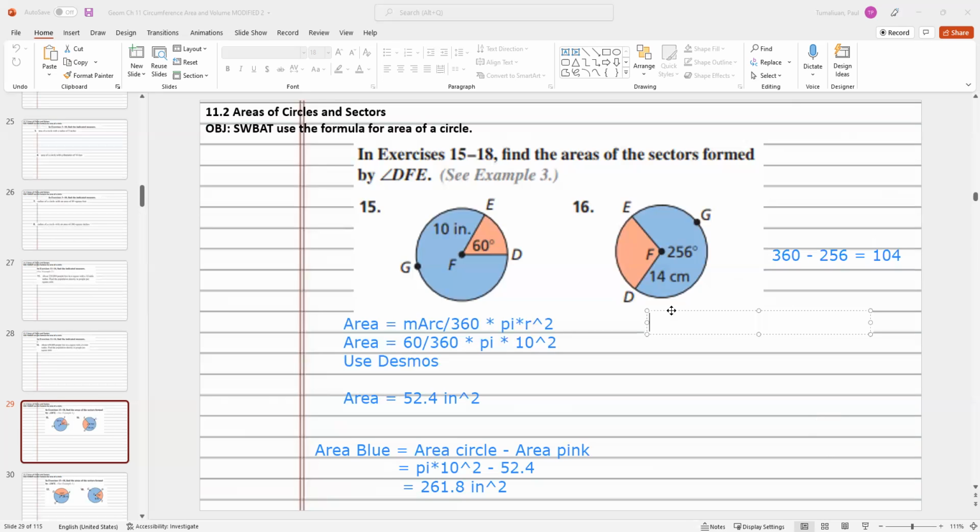All right, same thing. The area equals the measure of the arc, 104, divided by 360 times pi times the radius squared. Oh, sorry, the radius is 14.